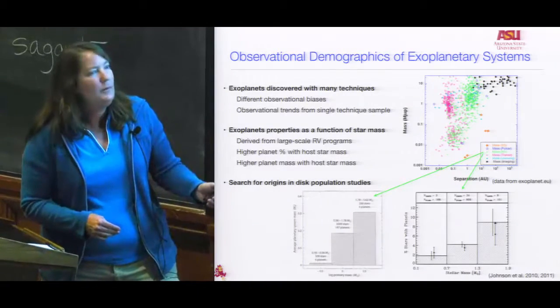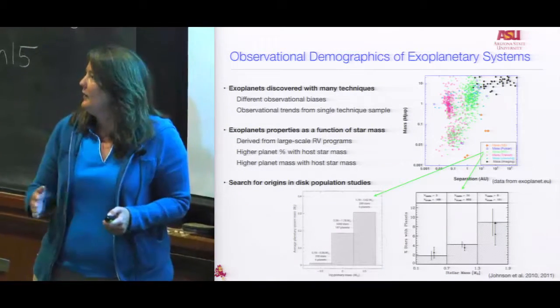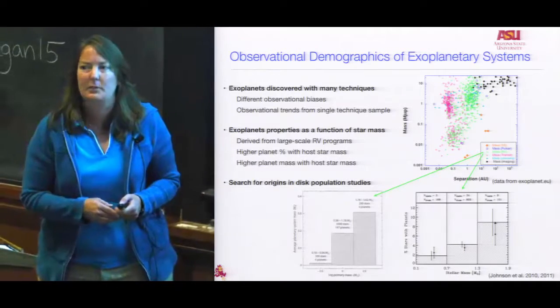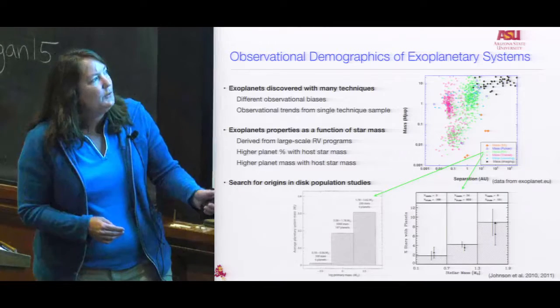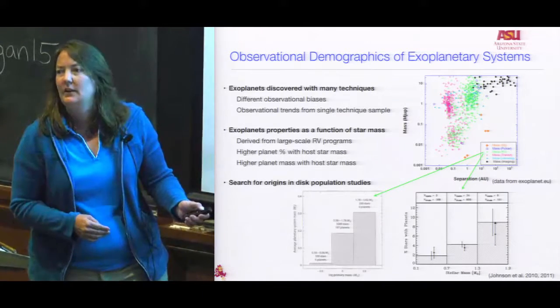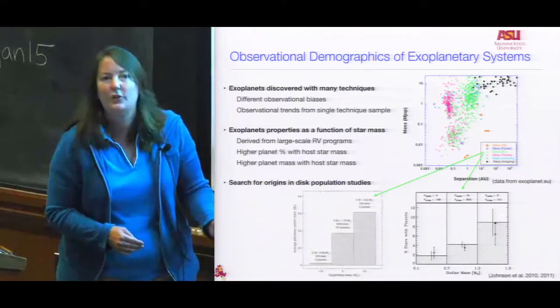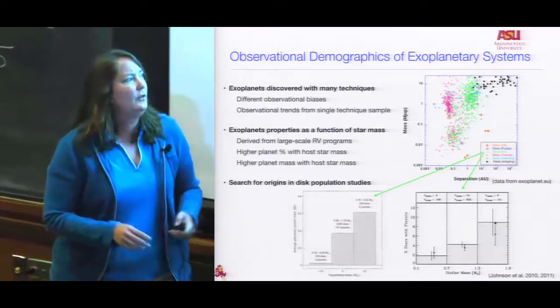Going from lower mass objects on the left to higher mass objects on the right, you see that there's a possible scaling of the average mass of a planet with the average mass of the host star. And then similarly here, there's the frequency of planets as a function of that host star mass, again limiting to radial velocity planets to help reduce those biases.